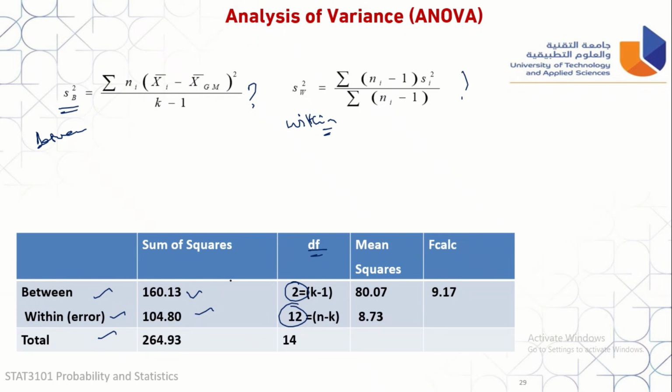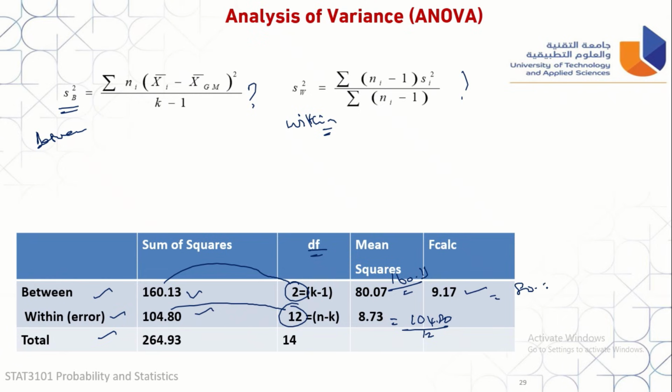Then what will be the mean of the squares? What is the mean? Mean means divided, right? By the number of items. So 160.13 divided by 2. What is this answer? 104.80 divided by 12, 8.73. What is this answer?